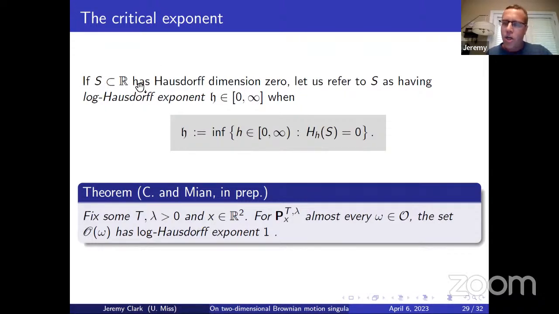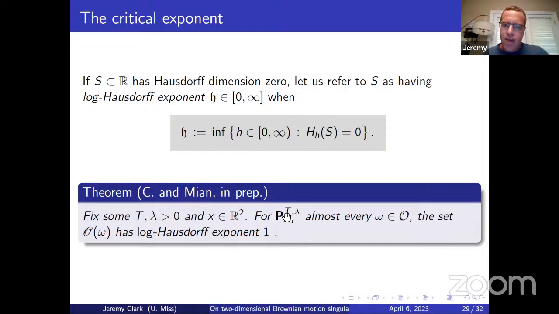In a bit of lingo, for a Hausdorff dimension 0 set, let us refer to S as having log Hausdorff exponent H, if H is the infimum such that this is 0. This is analogous to the earlier slide, just using these new functions involving log rather than powers.